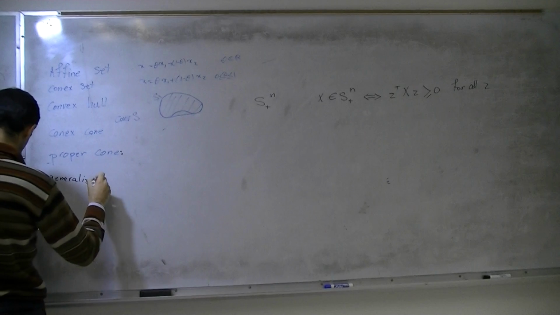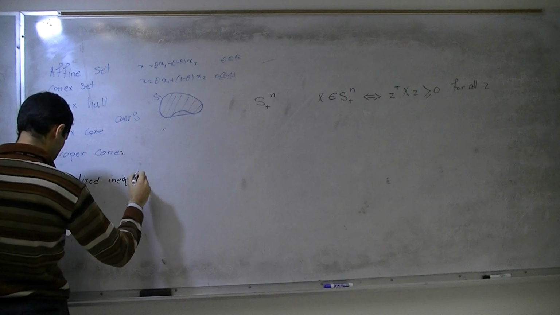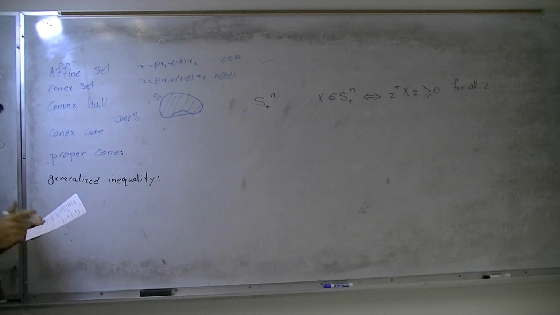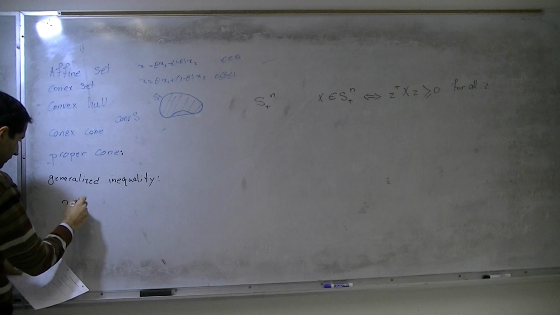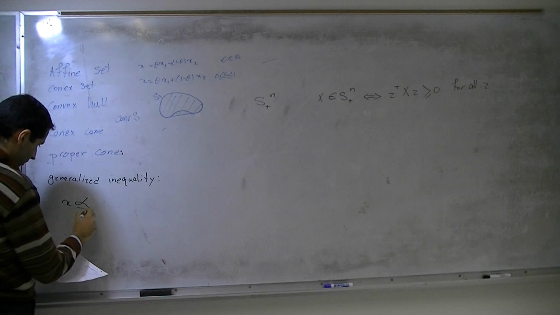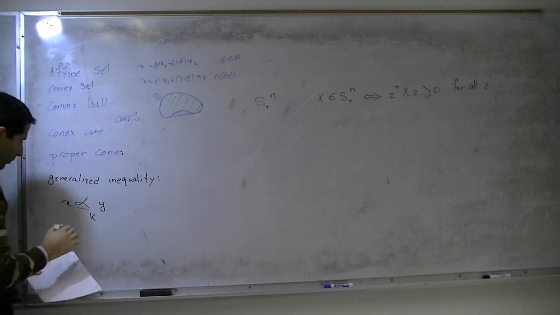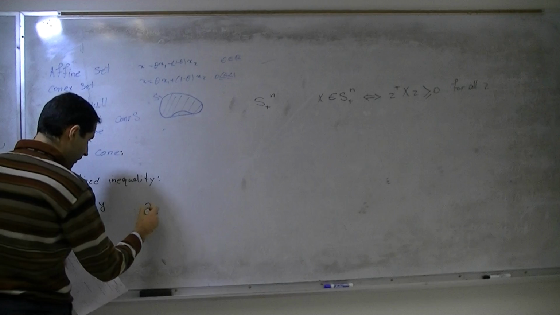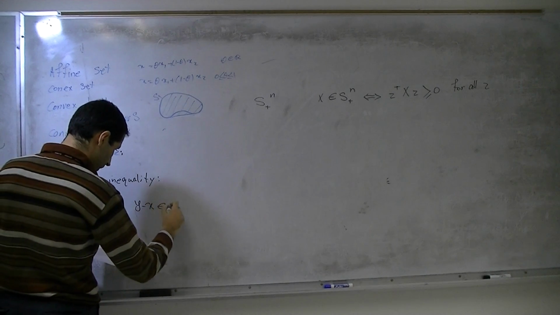Generalized inequality is defined for a proper cone, and it says x is less than or equal to y by a given proper cone if y minus x belongs to the K.